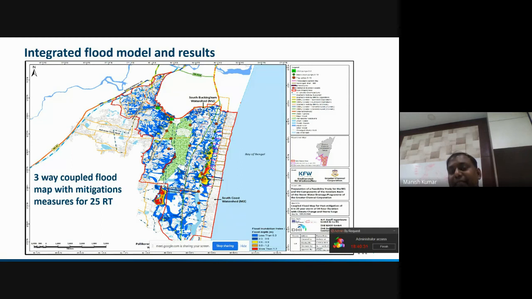If it's an extreme flood scenario, you can ask the NDRF team, and you can at least save lives in those areas where extreme flooding is forecast. This is the type of project that we did in the Kovalam Basin.